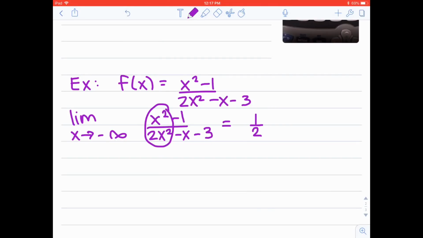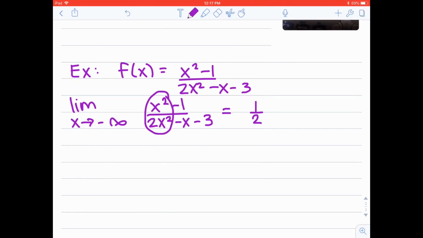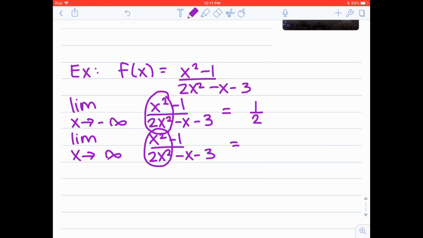Alright, for the next one, we're going to do the limit as x goes to positive infinity of (x squared minus 1) over (2x squared minus x minus 3). Again, by the exact same reasoning, we're going to get 1/2.